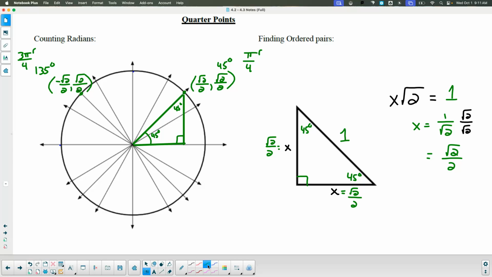Now I can reflect it not only over the y-axis, but then I can also reflect it over the x-axis at the same time, a double transformation, if you will, that puts me right here. That would then be the coordinates negative root 2 over 2, comma, negative root 2 over 2.